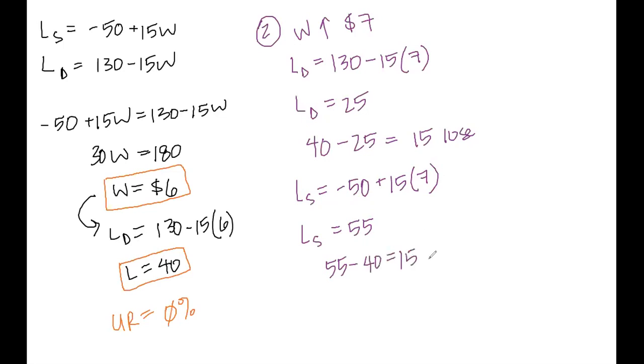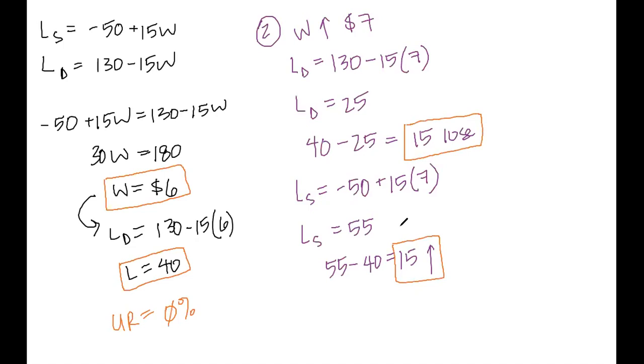So we can see that the labor force grew by 15 workers. So from this efficiency wage, 15 workers lose their jobs, but then 15 workers join the labor force.